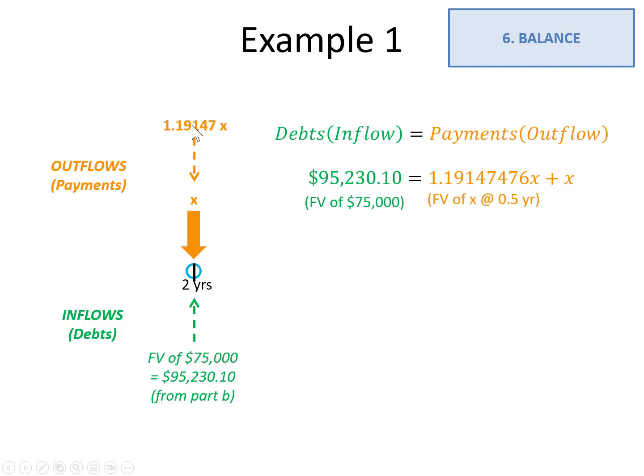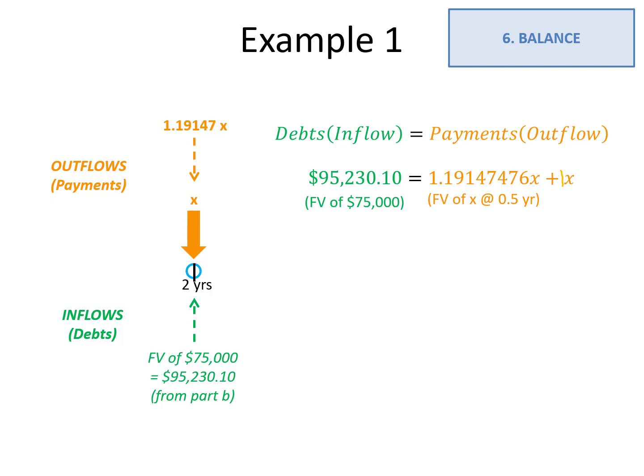And then I have the two payments on the outflow side, which we've calculated the earlier unknown payment to be 1.19147x plus just this 1x right here. And this is really 1x when we look at this.